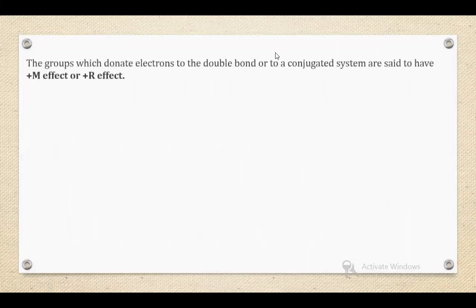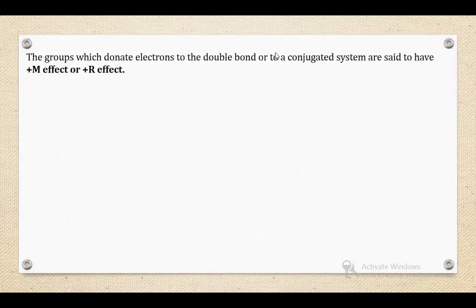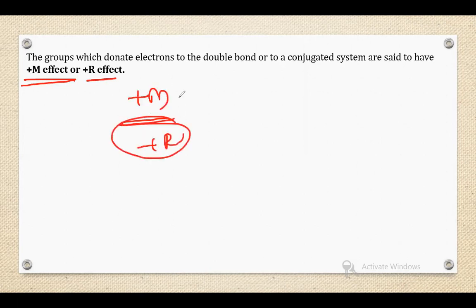Next, this mesomeric effect or resonance effect is divided into two types: plus M effect or plus R effect, the positive mesomeric effect or positive resonance effect.